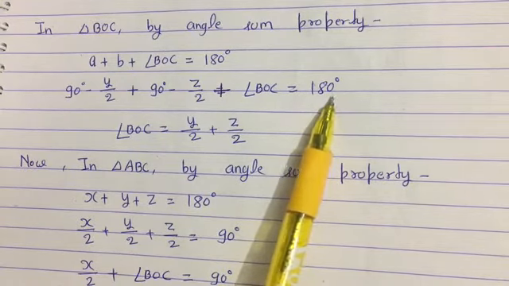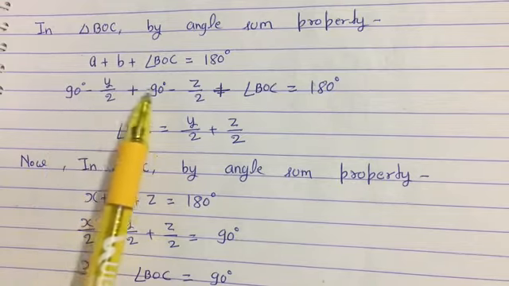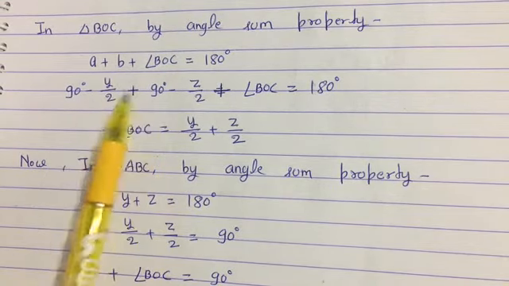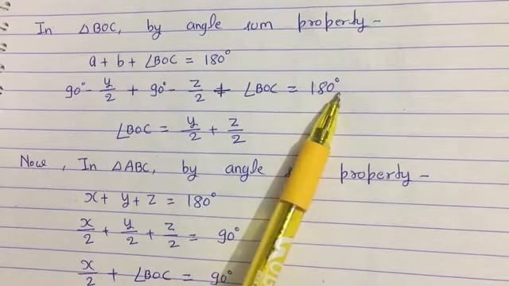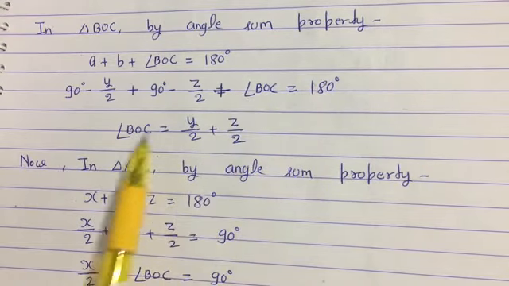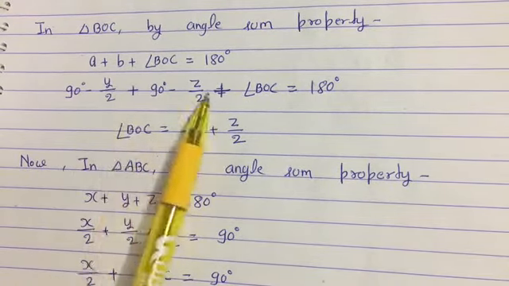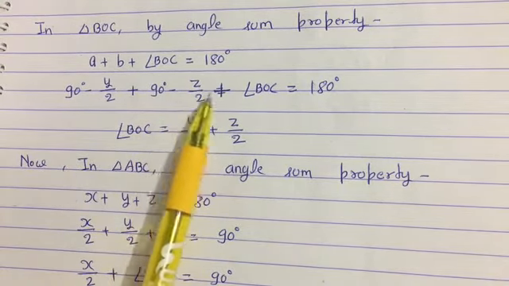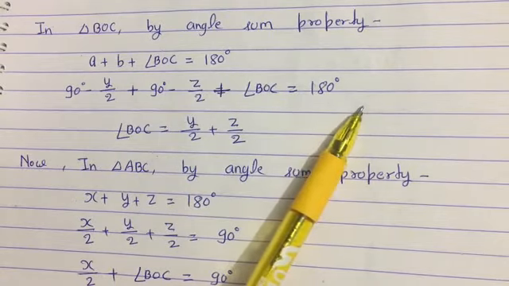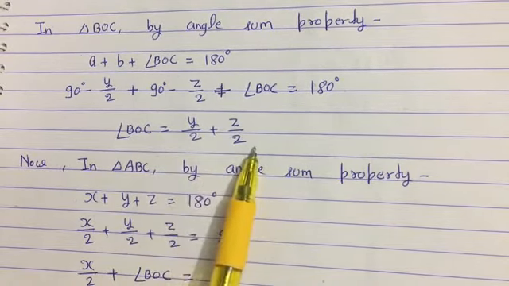Okay, now this 90 and this 90 will become 180, and we can cancel 180 by 180. Okay, and second thing, this angle BOC remains here, you have to transfer these two angles, y by 2 and z by 2, to RHS. Angle BOC is equal to y by 2 plus z by 2.